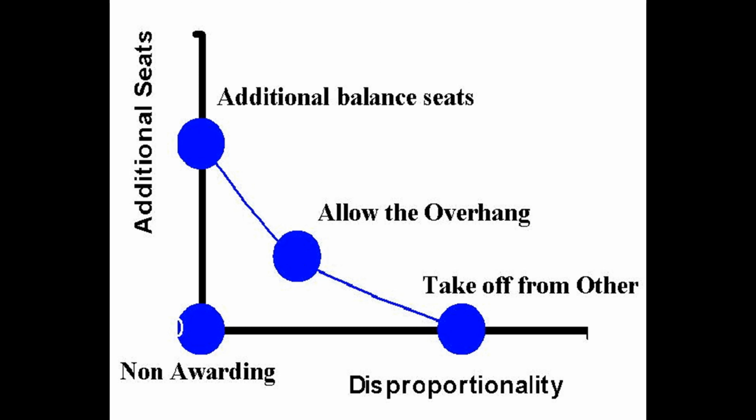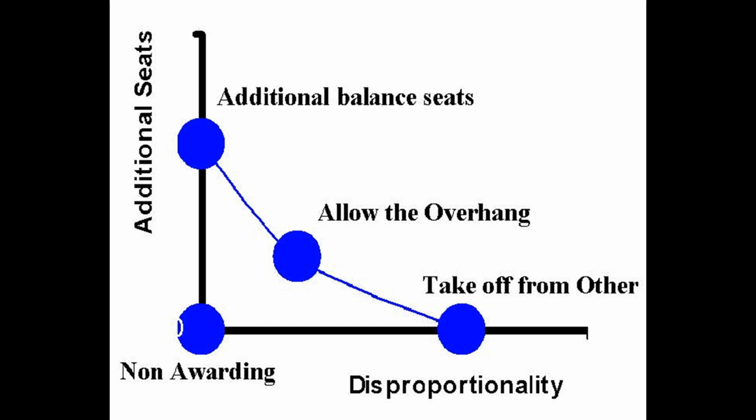And if we add overhang and balance seats, it's really going to ensure that every political party that gets 5% of the vote in any state will still get a seat in the House of Representatives, and to make sure that every representative who is directly elected to represent a single district still gets a seat.